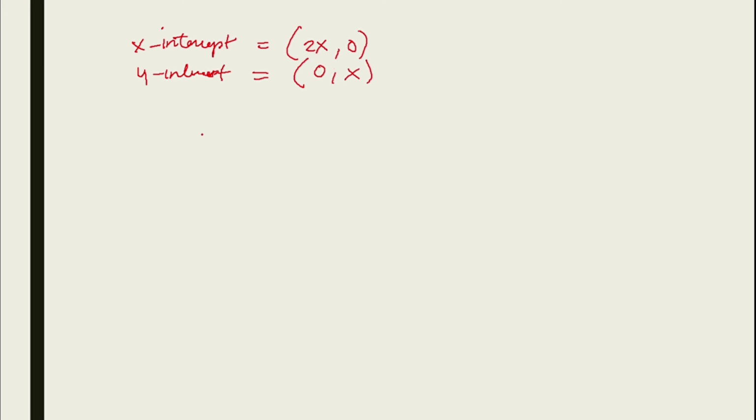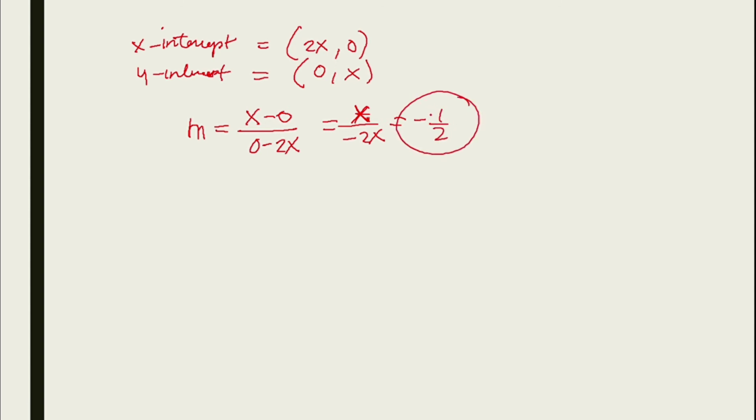So we have our equation for getting the slope: x minus 0 over 0 minus 2x. So we have x over negative 2x, that is equal to negative 1 half.